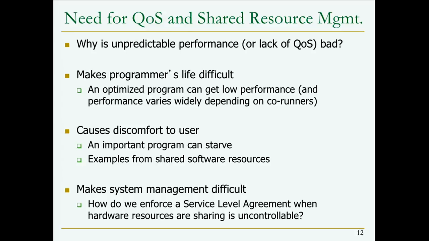Okay, so on top of this, this makes system management difficult, because if you're a data center provider, for example, and if you promised a service level agreement to someone whose code you're running in your data center, how do you enforce that you can satisfy that service level agreement when you have uncontrollable sharing in the hardware resources or the software resources?